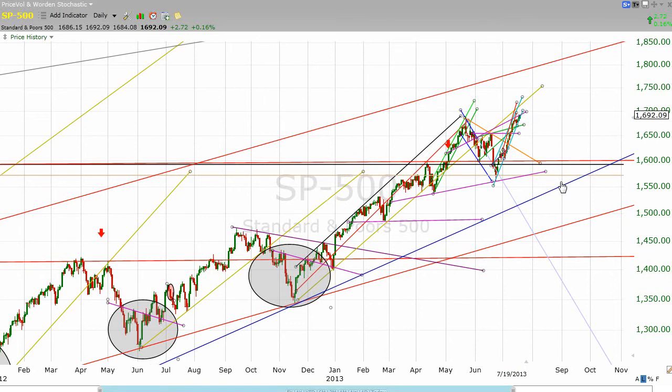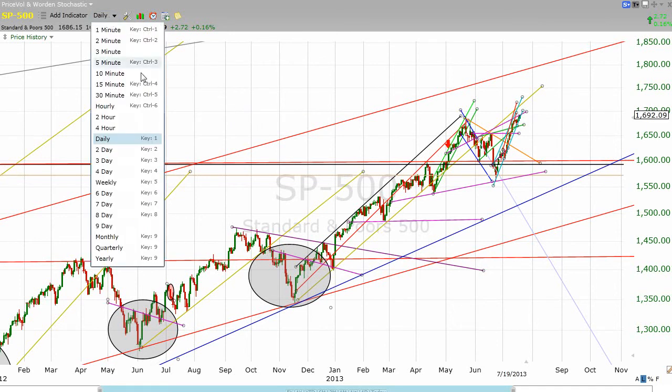And with that in mind, at some point, we're going to tag this line again, and eventually, we will break it. We just don't know when yet. But when it breaks, then that's when we have to more than likely start looking at if this is signifying a major change in trend.